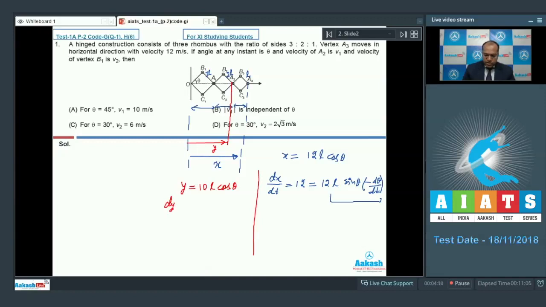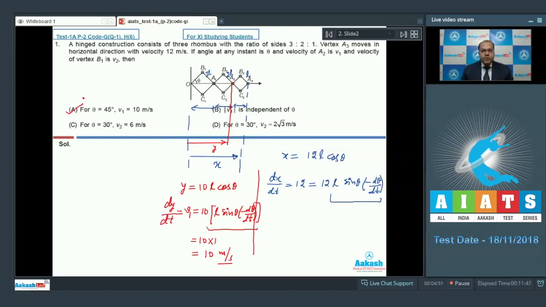If I differentiate this, dy by dt represents the velocity of vertex A2, that is v1, and it is equal to 10 into L sin theta into minus d theta by dt. We know that the value of L into sin theta into minus d theta by dt is 1, so this is equal to 10 into 1. So 10 meter per second is the velocity v1. So option A is correct.